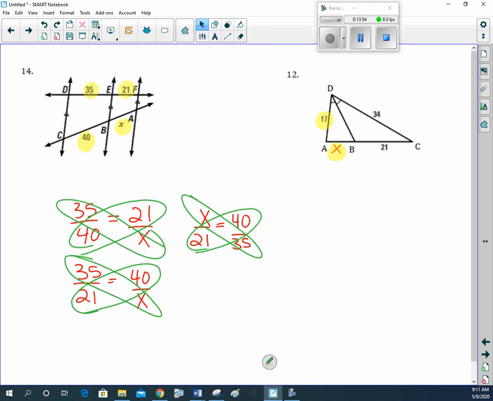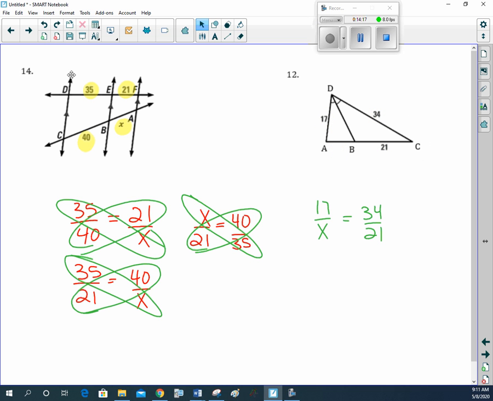Notice how I went on the side of the triangle to the base. So that's 17 to x. Then I would have to keep that same pattern and go 34 to 21. Okay, that's one way I could think of the proportion.